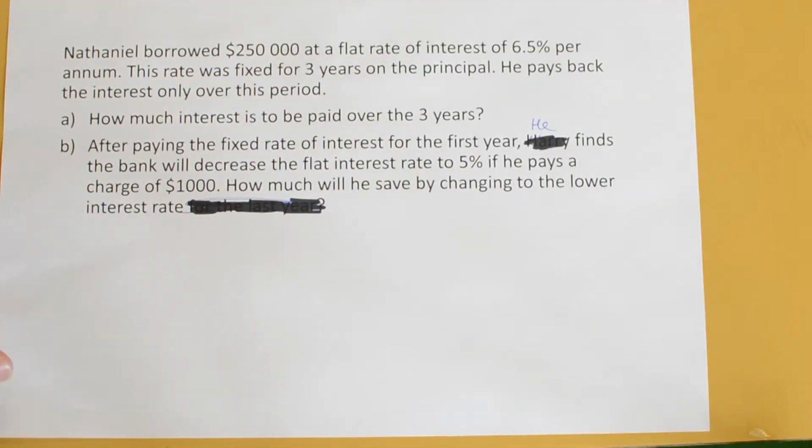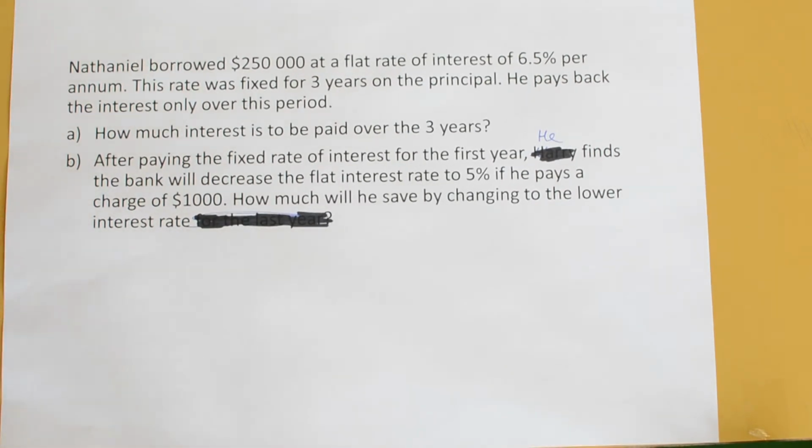Here is another example. Nathaniel borrowed $250,000 at a flat rate of interest of 6.5% per annum. This rate was fixed for 3 years on the principal. He pays back the interest only over this period. How much interest is to be paid over 3 years?